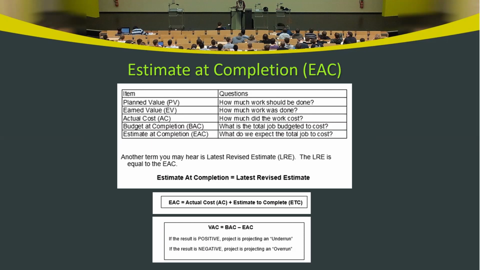We call it estimate at completion, EAC. So EAC is the revised BAC. The revised budget is EAC, estimate at completion. It is called the latest revised estimate.